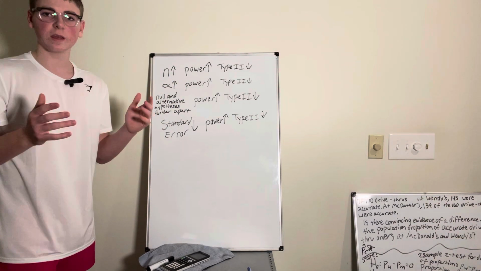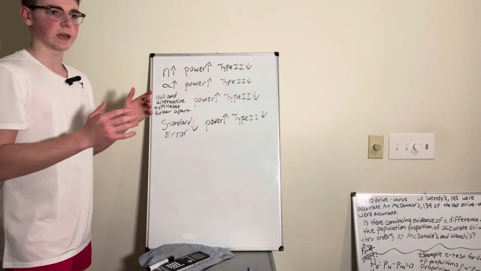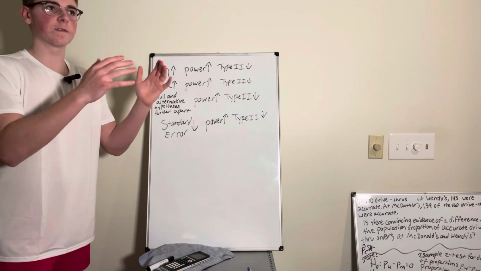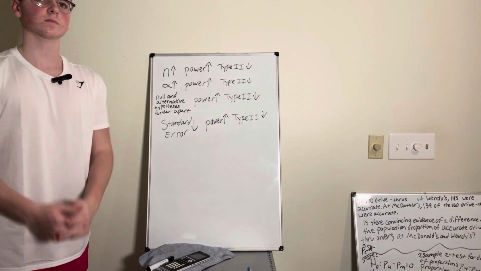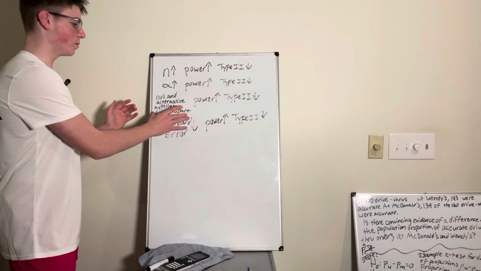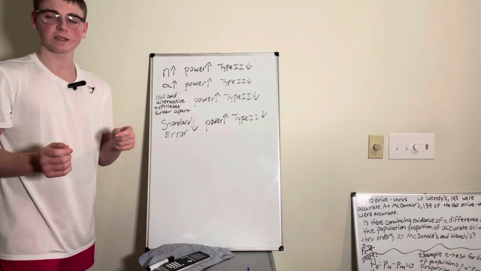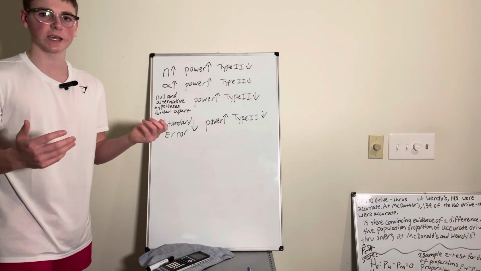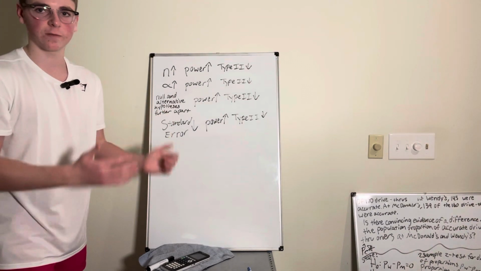But then in the power thing, you're given that the difference is like 0.05, then the further you get away from what you're trying to prove it's not, the more likely you just are to reject, because there's less of a chance of it happening because it's just further away.